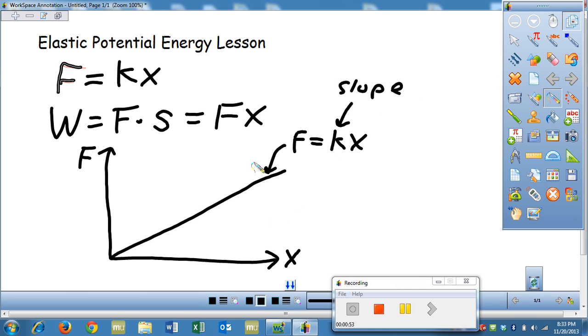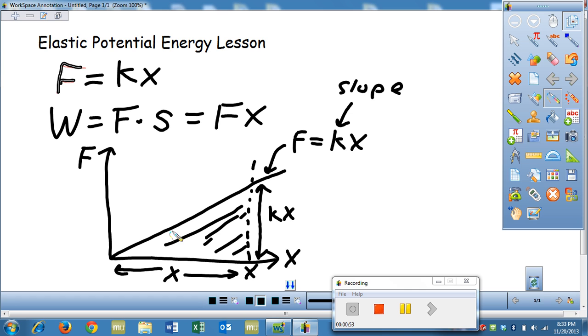And so if we traveled, say, a distance x, from here to here, this height is going to be the force at that distance, which is kx, and the work done is going to be the area under this curve, because it's F times x, which is kind of like the integral, or the area under the f of x curve.